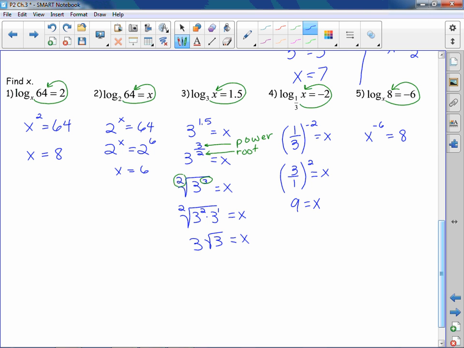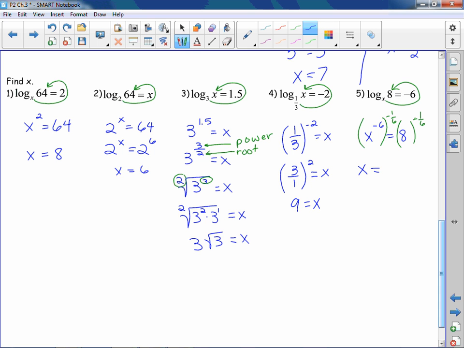No. To get rid of this exponent, I want to figure out what x equals. So I'm going to take both sides to the reciprocal power, negative 1/6. It has to have the same sign because I just want it to be positive 1. So negative 1/6 on both. So I just have x on the left now.